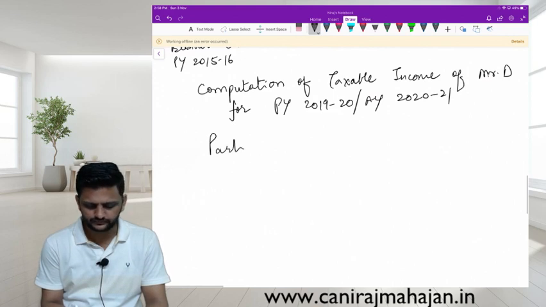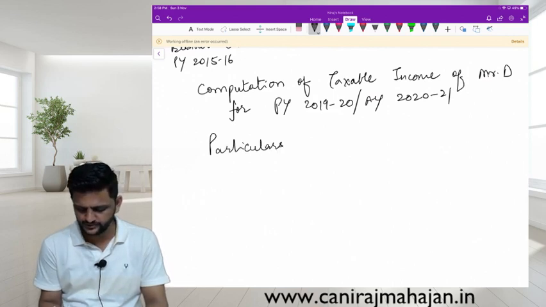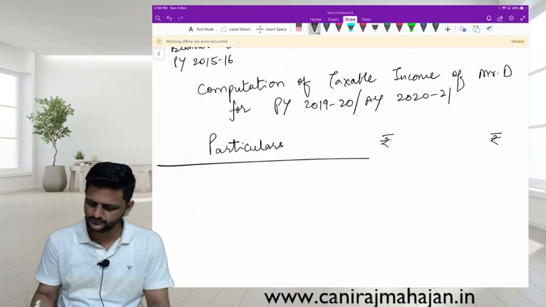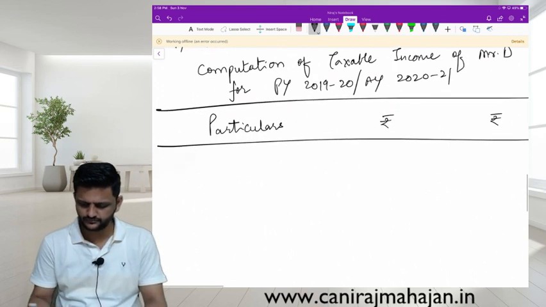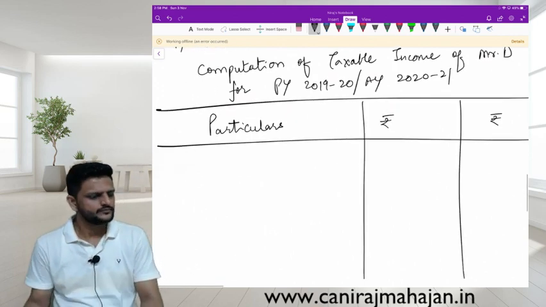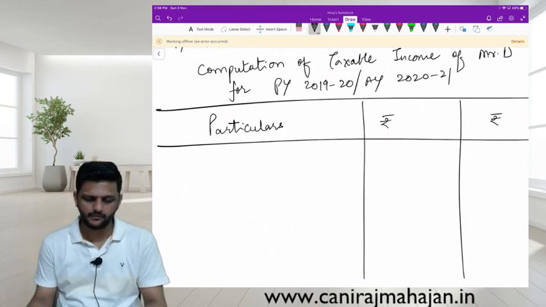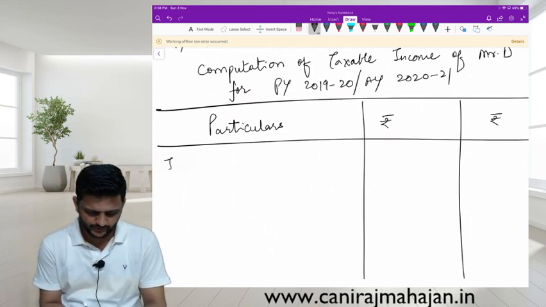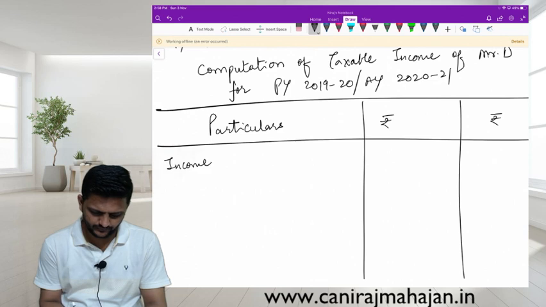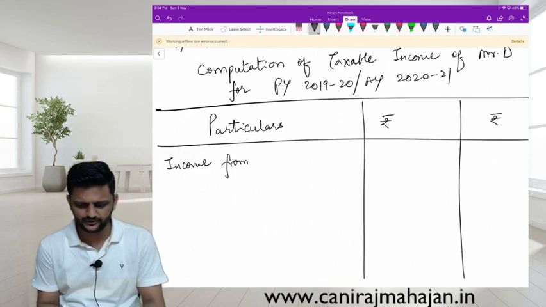Particulars, rupees. First one, income from anything you can take. Go as per sequence as far as possible.